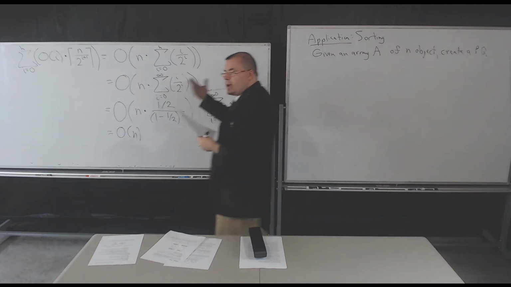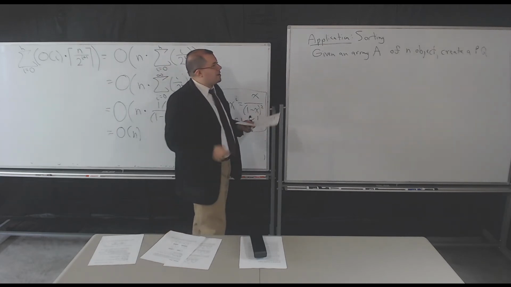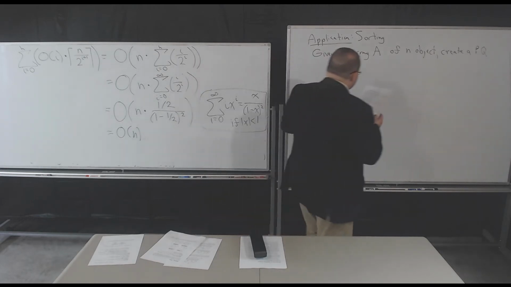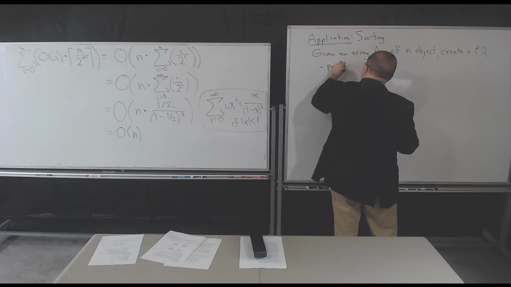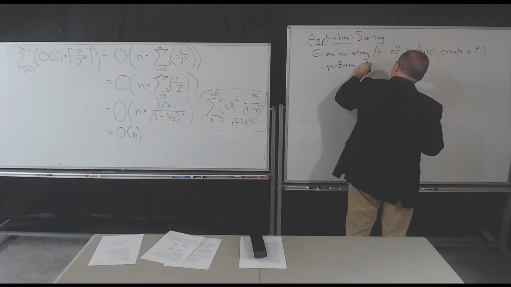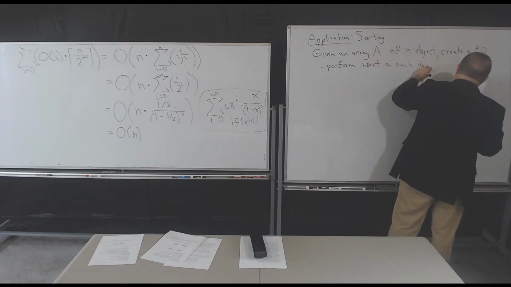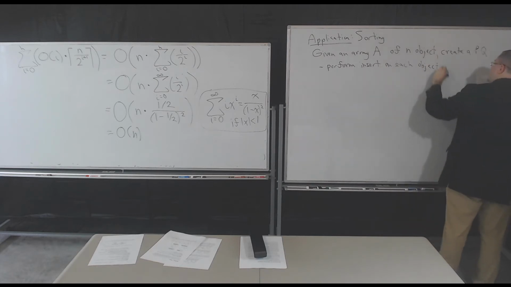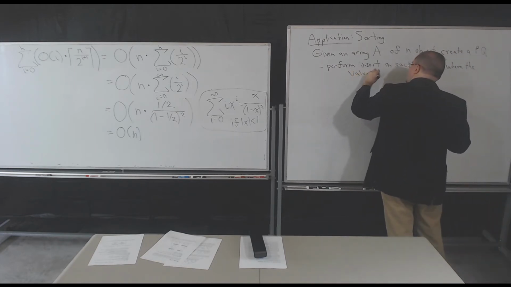So how can you do sorting? I have some array A, and I'm going to create a priority queue. What can I do to sort? Well, you're going to perform insert on each object where the value compared.